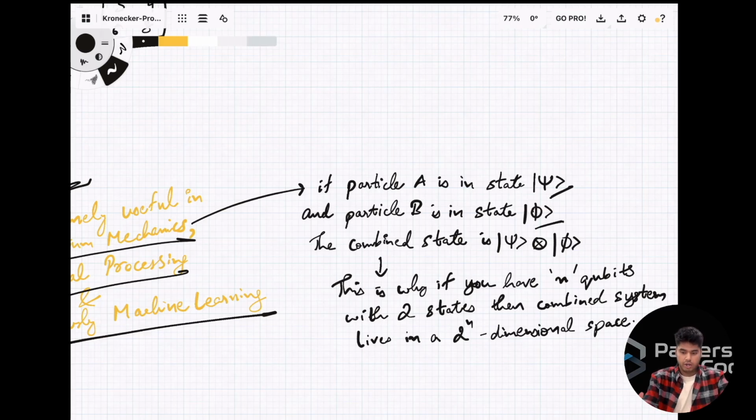This is why when you say you have n qubits with two states, right? The combined system, that is the entangled system, lives in a 2 power n dimensional space, and the complexity of the system scales in the exponent. So that's where the exponent comes from. It comes from the reason that they are a Kronecker product of each other, right?